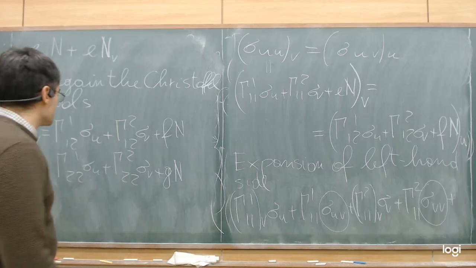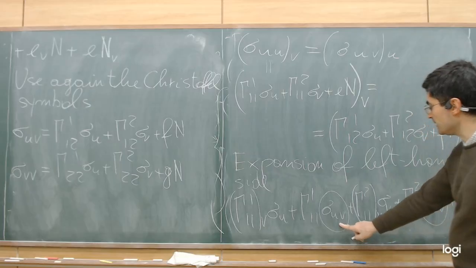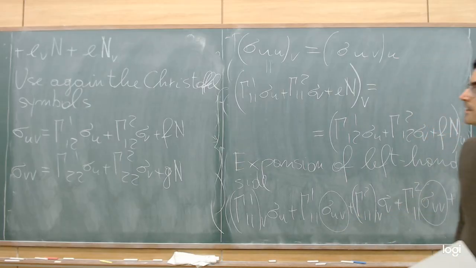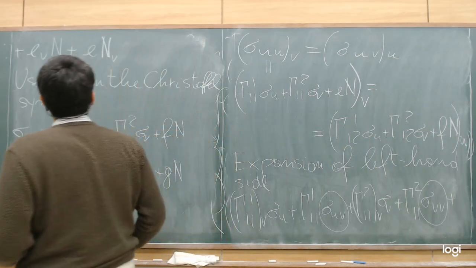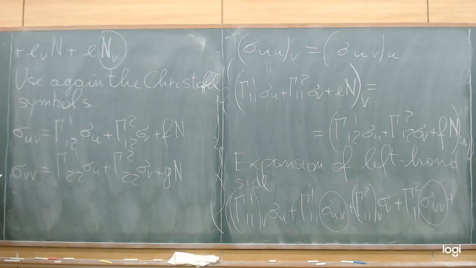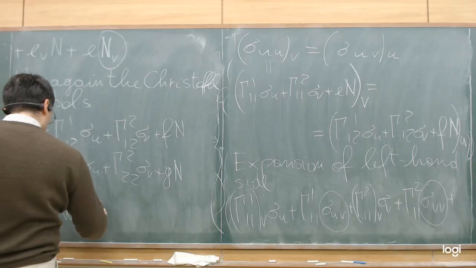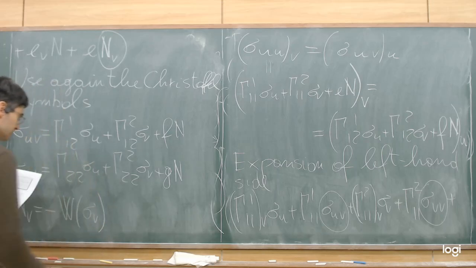So you replace these two formulas here, and it's not finished yet. We need a formula for Nv. But we know how to write Nv, because Nv is minus W sigma v.